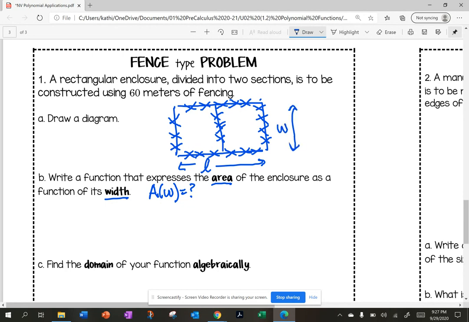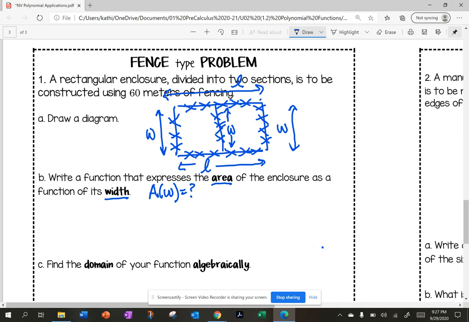And since it's not a standard perimeter problem because I have more than one object, I'm going to modify it to say exactly what this 60 meters of fencing is. So I know there are 2 lengths and 3 widths of fencing.